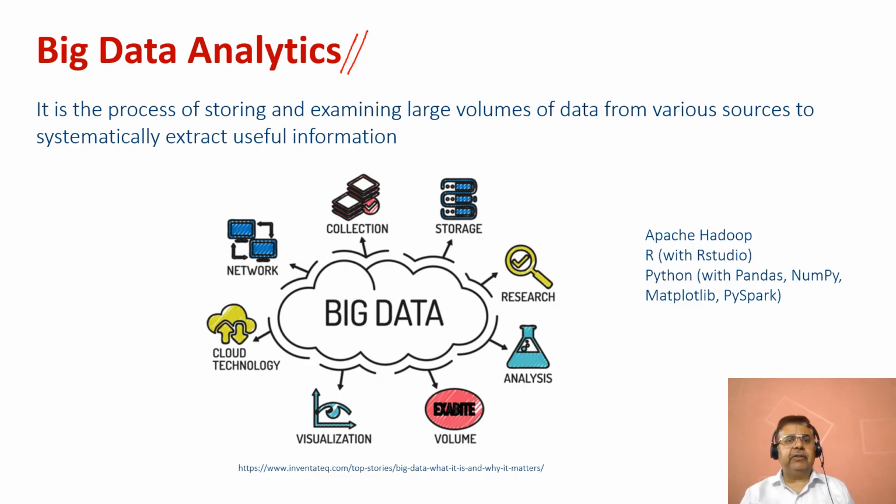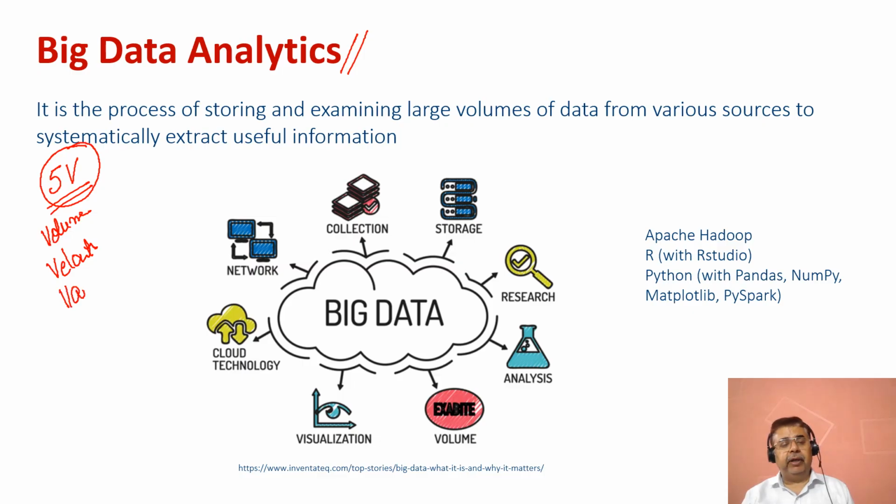Now, when do we say it is normal data and when do we say it is big data? Here is one term, 5Vs. The first V indicates volume, when the volume is huge. The second V is velocity, it is coming at a very fast rate.